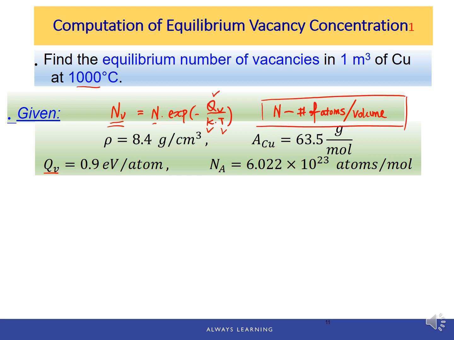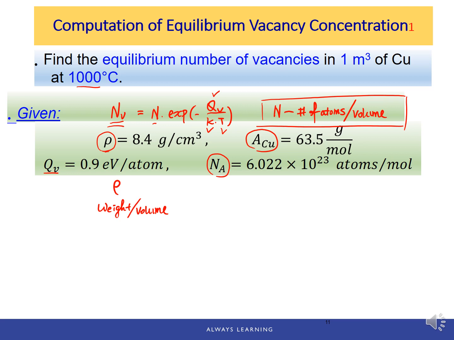First of all, the values we haven't used are the density, the atomic weight, and Avogadro's number. If you think about the density rho, the definition is weight per unit volume. This volume can be cubic meter or cubic centimeter.